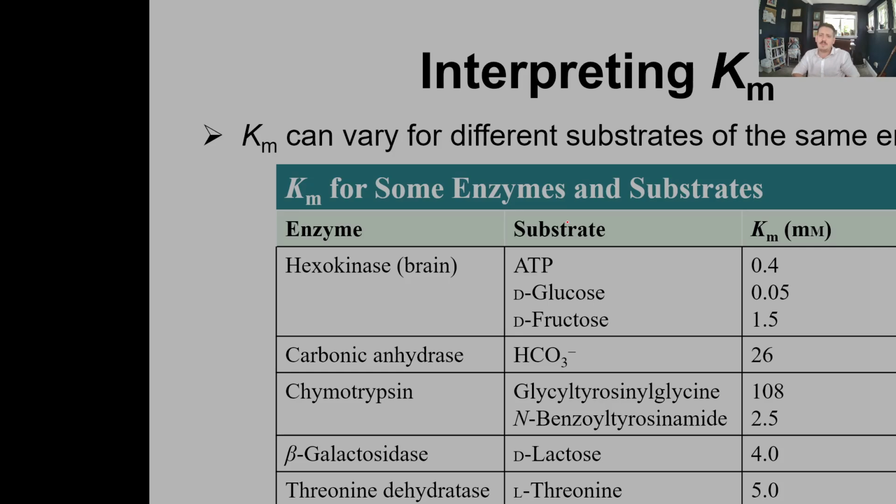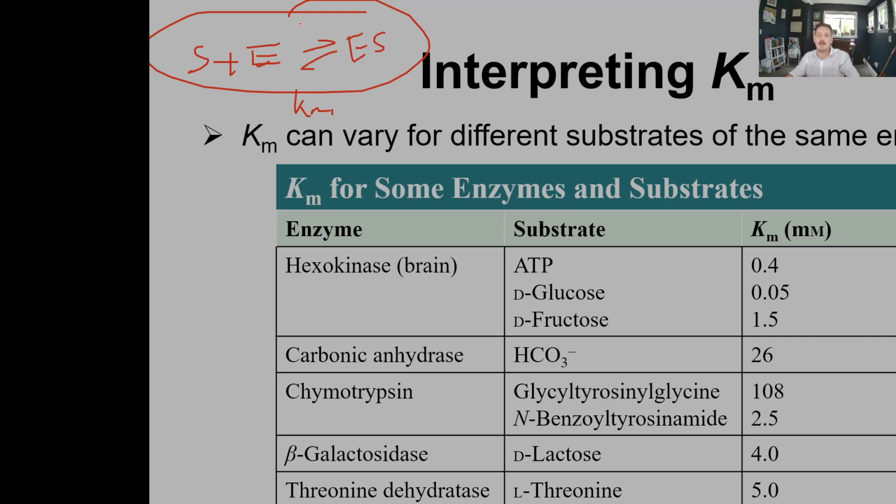What is Km? Well, like I say, Km is the specificity that an enzyme has for a substrate. If Km is lower, then it's saying that less is required in order to reach half maximal velocity. Remember that first part, S plus E to make ES; the Km is giving us information about this.